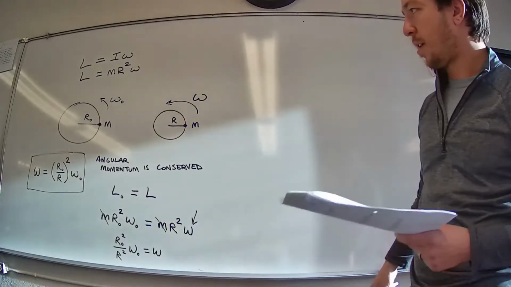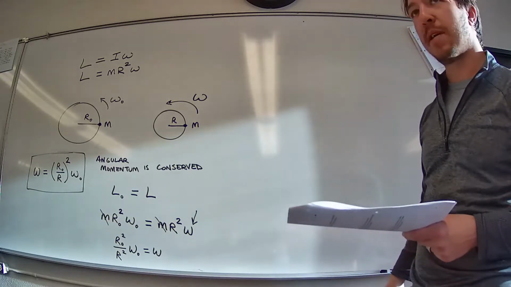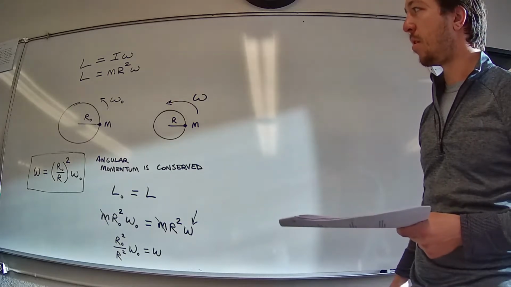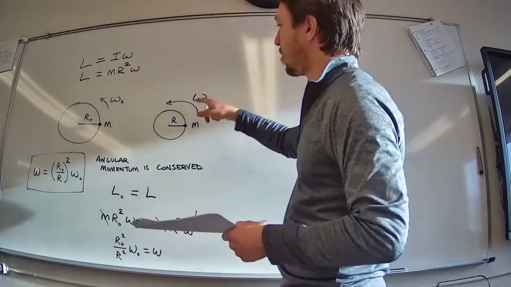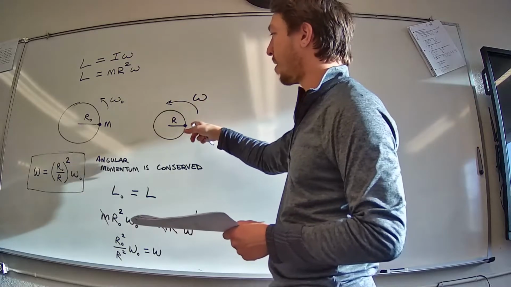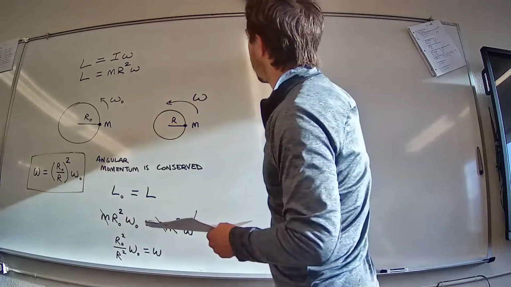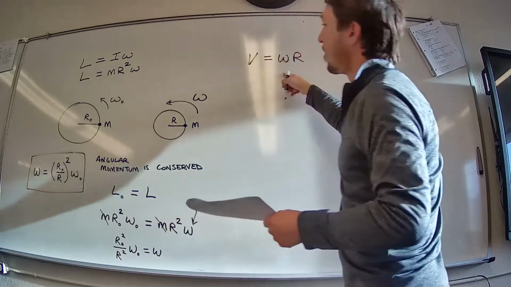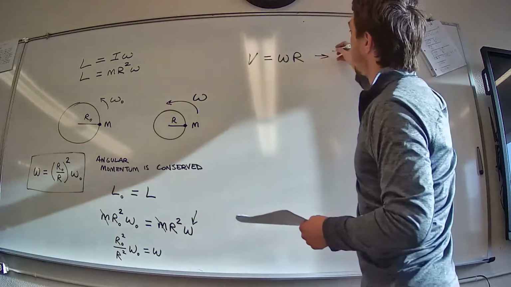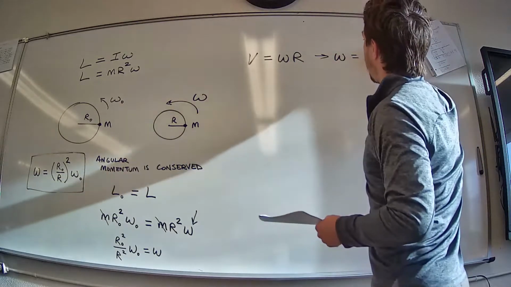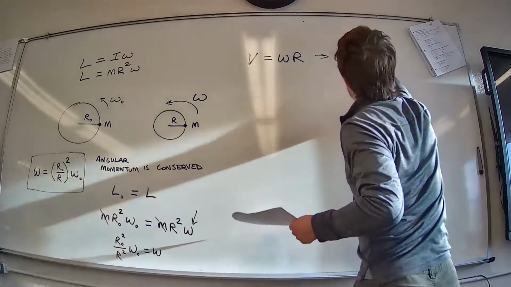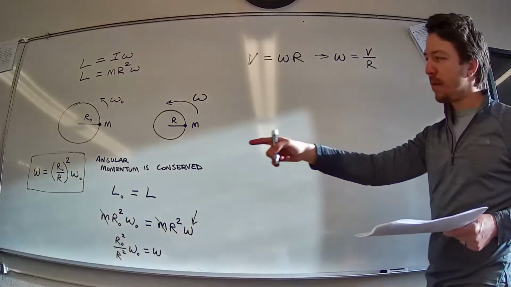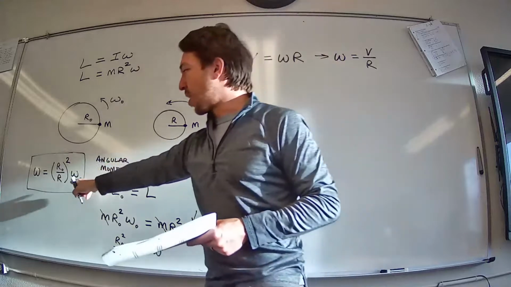Okay. How about the linear speeds? This one's a little weirder. So what's the relationship between omega and the linear speed? Right? So anywhere I see an omega, I can replace it by v over r. You feel okay about that? So watch what happens. We can start with this formula.